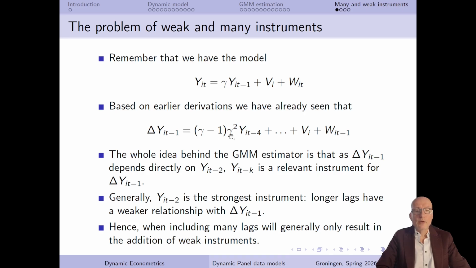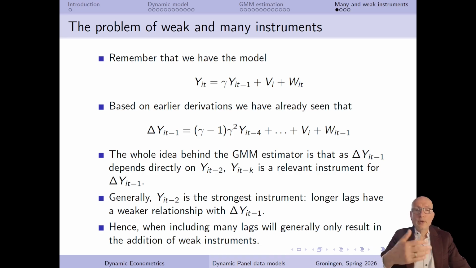However, again, the coefficient is going to be changed. It's now equal to gamma minus 1 times gamma squared. That means another time that this coefficient is going to be smaller than the coefficient that we had with respect to y_{i,t-c}, and it's also going to be smaller than the coefficient of y_{i,t-2}. So therefore the strongest instrument that we have in general is going to be y_{i,t-2}.